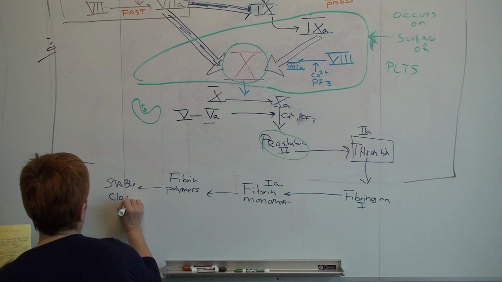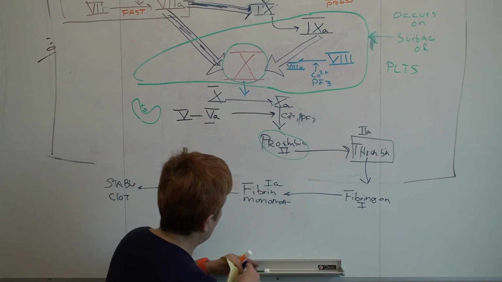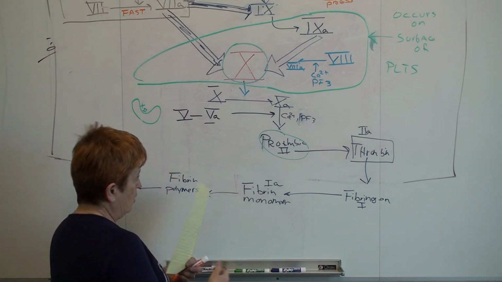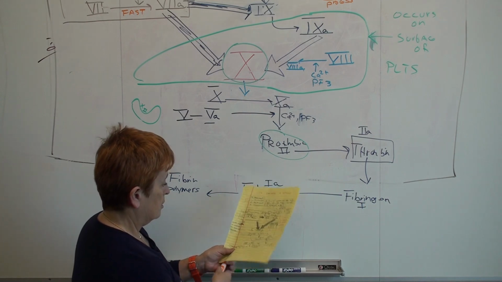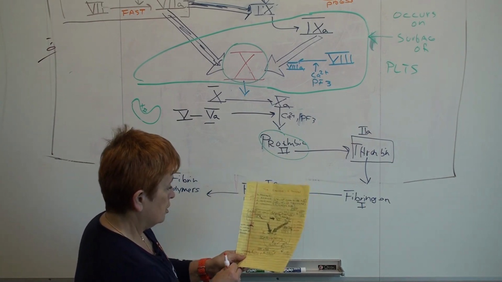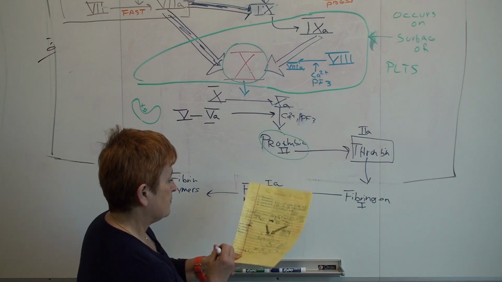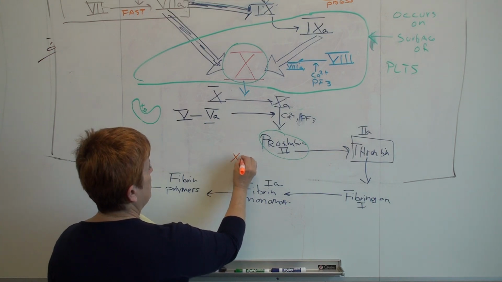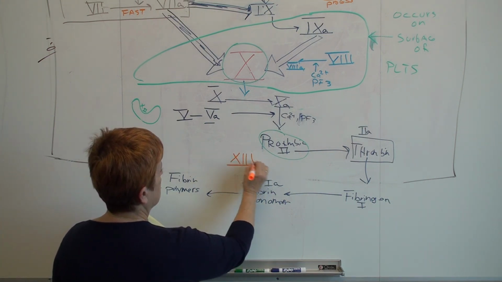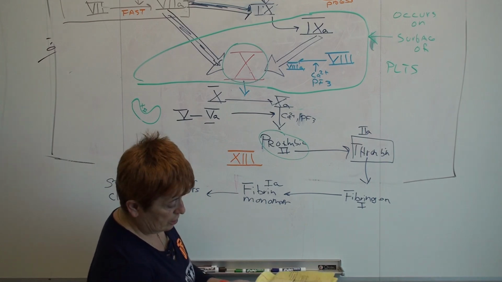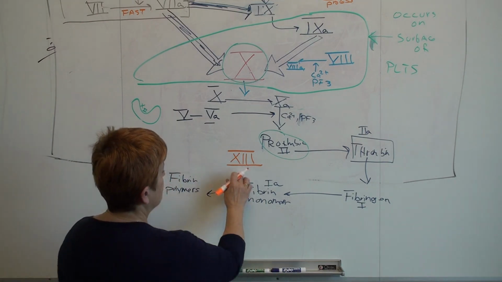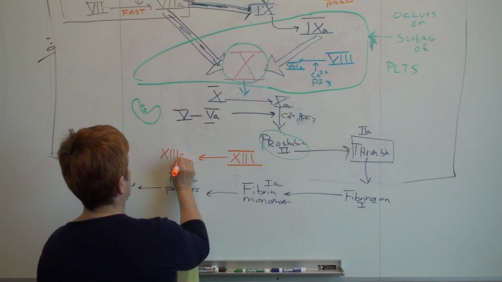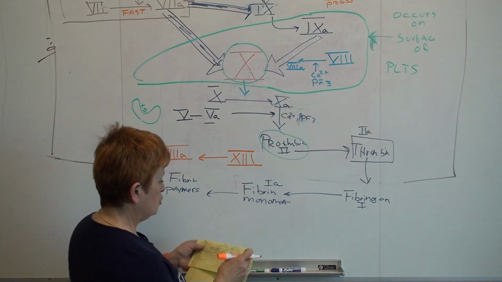Now, how did all that happen? All right, so we need factor 13. So I'm going to put in factor 13 here. 10, 11, 12, 13. Factor 13. All right, so factor 13 has to go to 13A. But how is it going to do that?